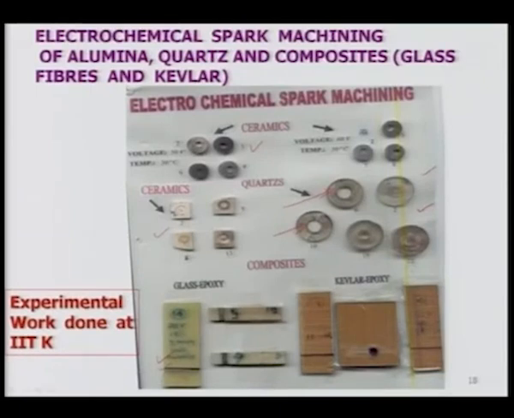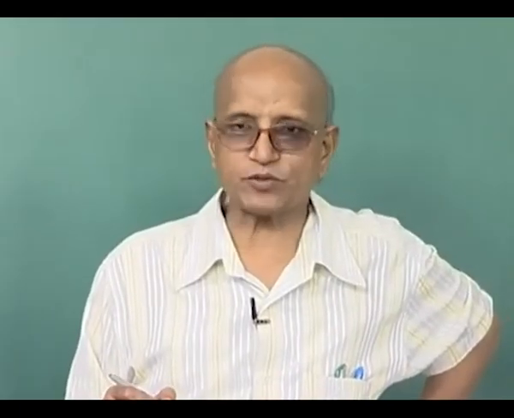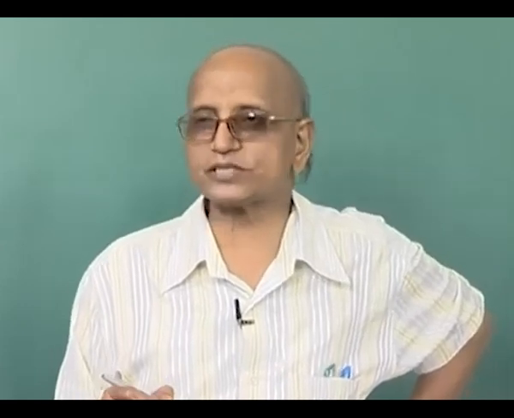Then this is another example of the glass fiber, and these are the Kevlar fiber composites where hole drilling and channel cutting have been done with the help of electrochemical spark machining process. So, what does it mean? That it can be successfully used for creating various kinds of features on electrically non-conducting materials like ceramics, quartz, glass epoxy composites or Kevlar epoxy composites.